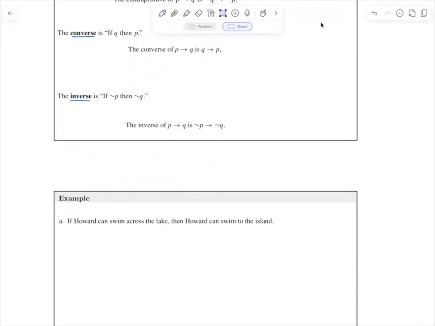Let's go over an example. If Howard can swim across the lake, then Howard can swim to the island. Let's identify P and Q. Howard can swim across the lake is P, the hypothesis. Howard can swim to the island is Q, your conclusion, correct?